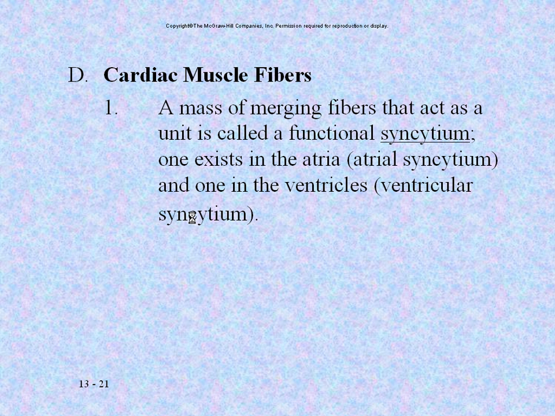And so we have to make sure that there are no rogue independent cells doing their own thing. What we find is that the cardiac muscle fibers, the cardiac muscle cells, are in fact directly connected to each other via these specialized gap junctions or cell junctions called intercalated discs.